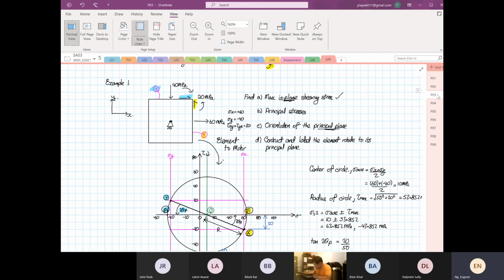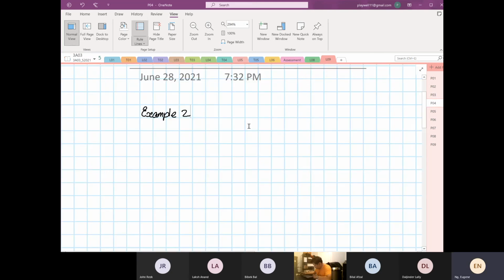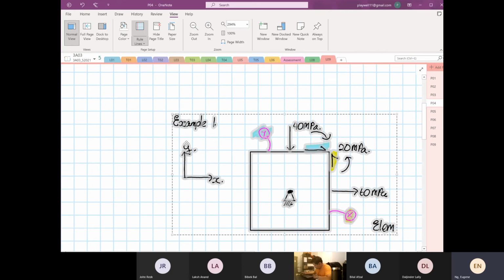For example number 2, I'm still going to use the same element down here. Hopefully I can use the same Mohr circle also to not waste your time. So I'm going to wipe this out.